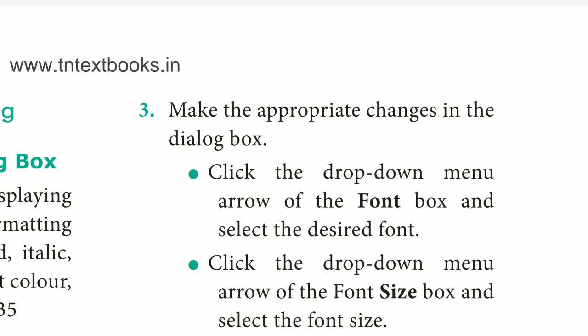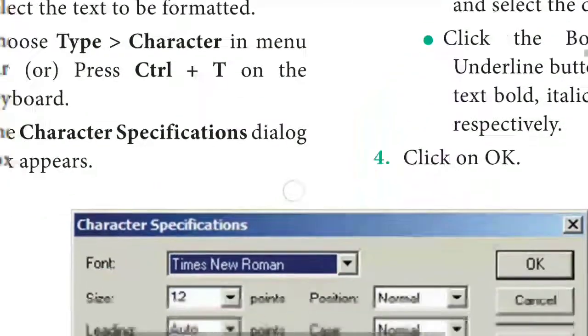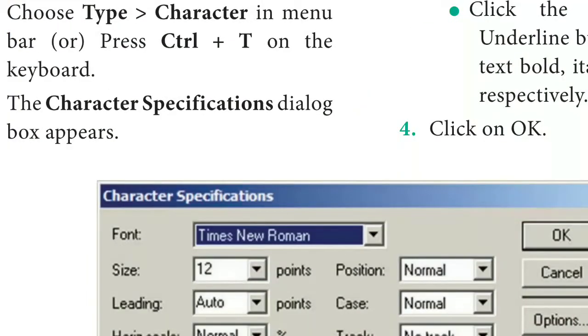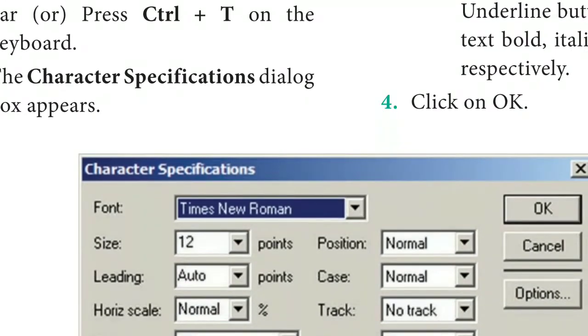Click on this drop down menu. You can see that this is the drop down menu that is present here. Font is a drop down list box that contains all the fonts that are available in your system.